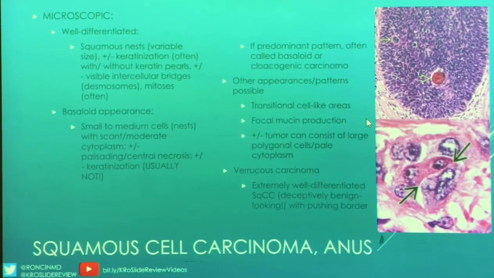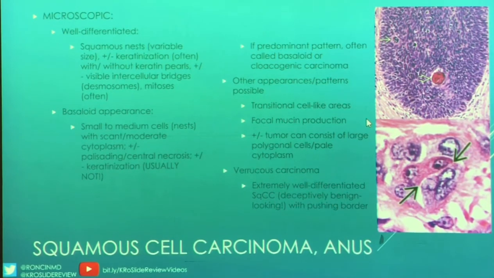And verrucous carcinoma is actually an extremely well-differentiated squamous cell carcinoma that always has a pushing border. So if you're looking at something wondering if it's a verrucous carcinoma, but it looks like it has an infiltrative border, you need to think again. But these honestly look so benign that you almost gloss over them, except for the verrucated appearance.